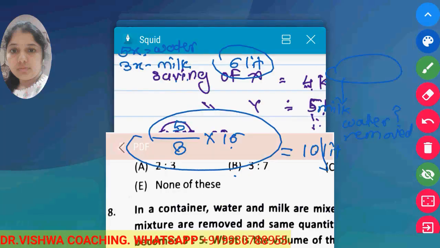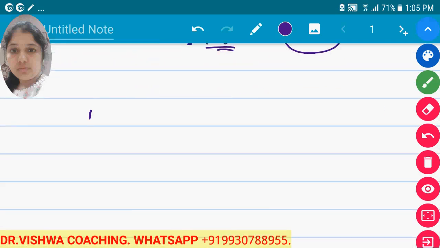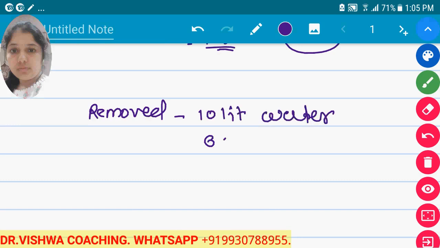So we can write it as, now see what we got. We removed 10 liters of water and 6 liters of milk, and previously we have 5x liters of water and 3x liters of milk.